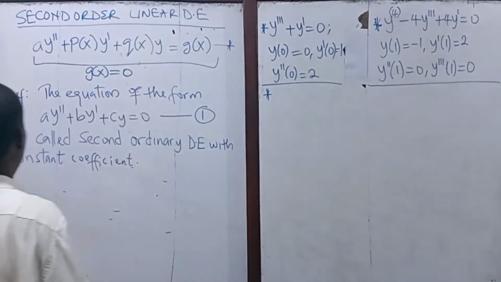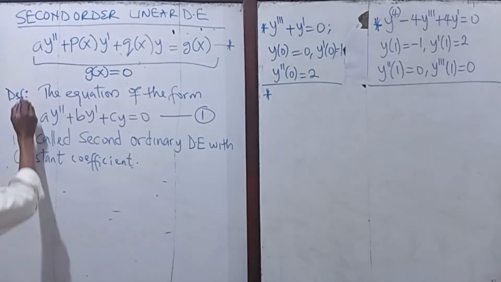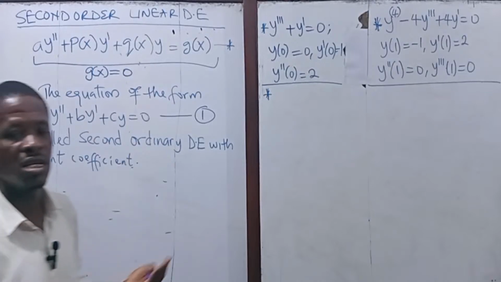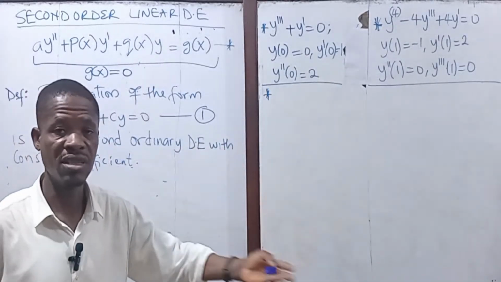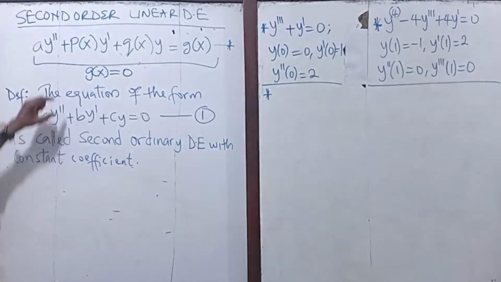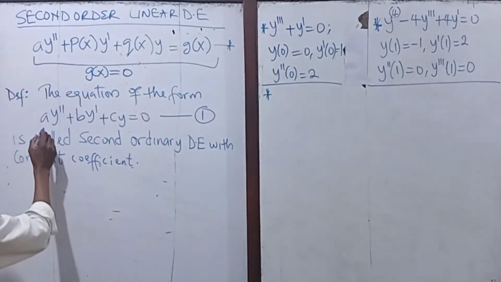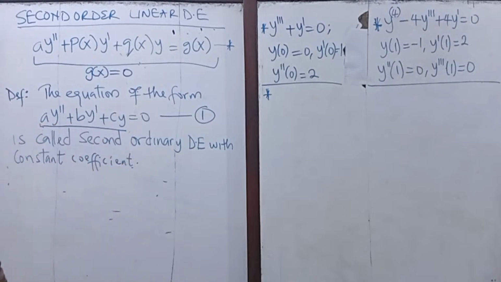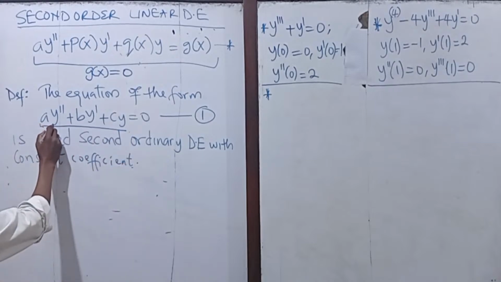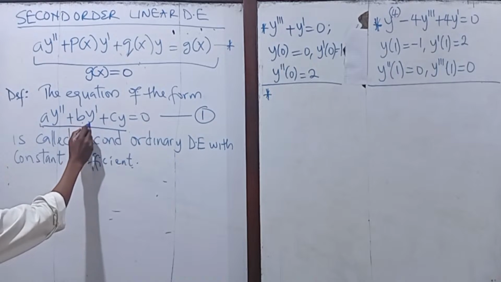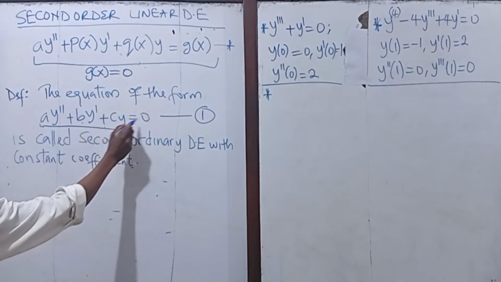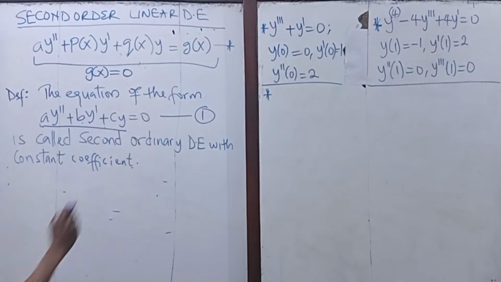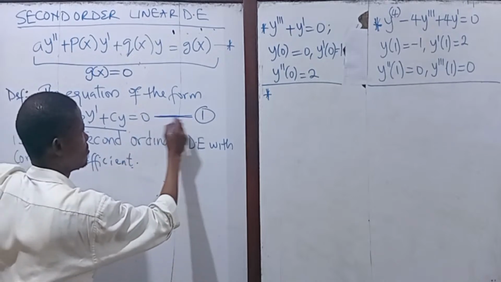We want to look at this definition before we go, to lay the foundation. Then after that we'll start solving questions. The equations of this form: a times the second differential plus b times the first differential plus cy equal to 0. Let's call it equation 1.